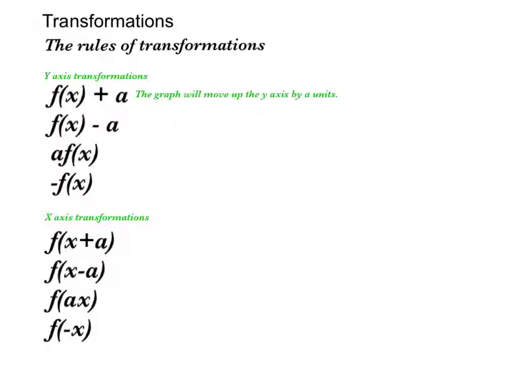What that means, or what you really need to write, is that there has been a translation by vector (0, a), and this is assuming that a is of course positive. So this means here that the graph has no change in the x-axis, and that makes sense because we're talking about y-axis transformations, and that the graph has moved upwards by a units.